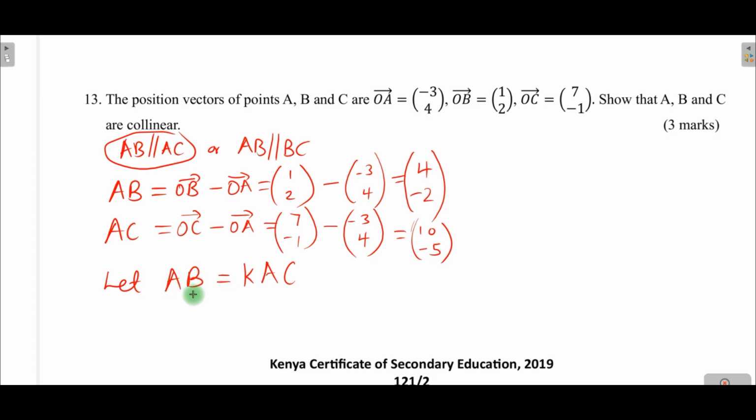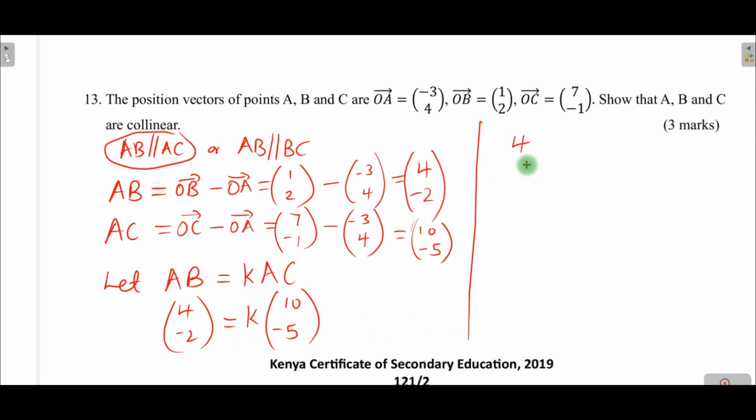AB, which is (4, -2), is equal to K times (10, -5). So we are going to multiply: K times 10, we have 10K, then K times -5, we have -5K.